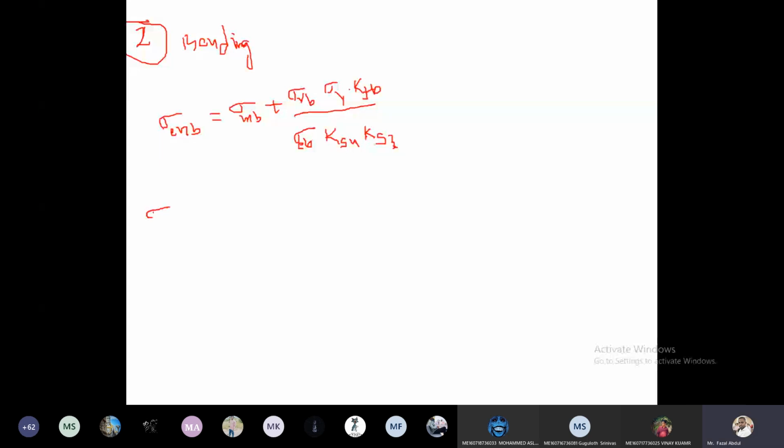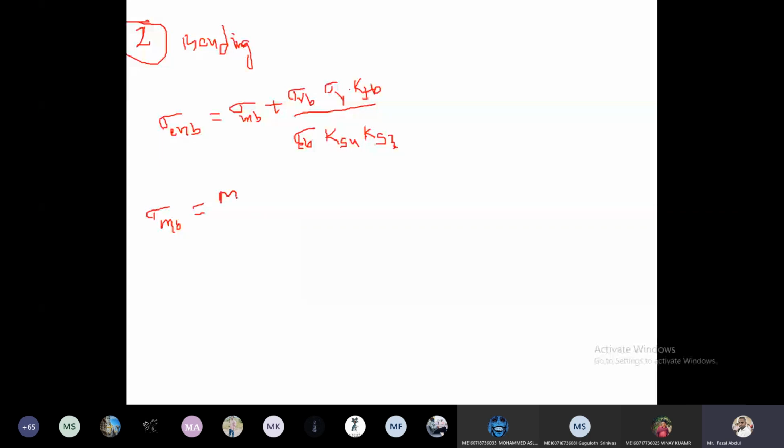Mean bending is according to the bending equation we need to follow here, because this is the cantilever beam. Applying the transverse load, the cantilever beam is going to be subjected to bending. So according to the bending moment equation, we are following bending moment by section modulus.